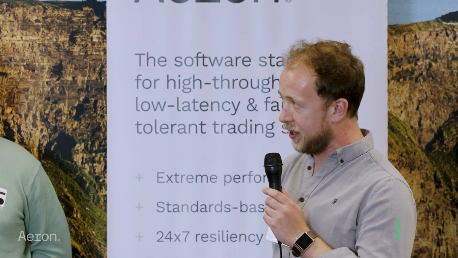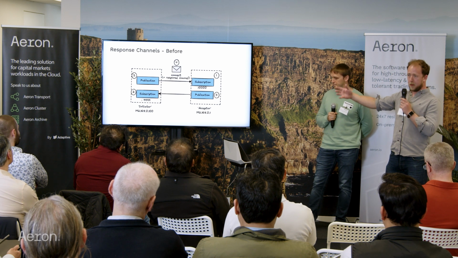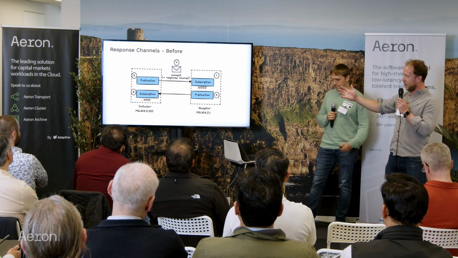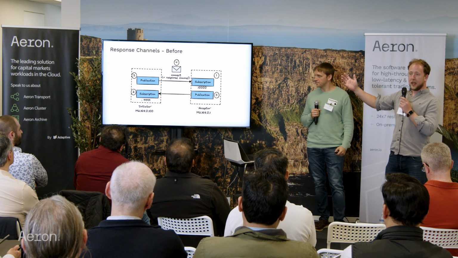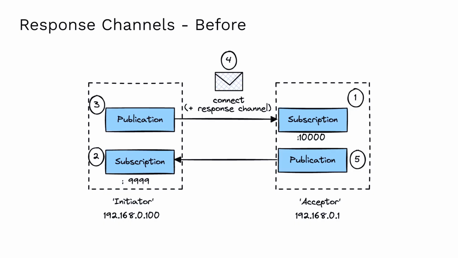So the pattern looks a bit like this. You have the acceptor, or the server side, that will create a well-known subscription listening on port 10,000. The client knows that up front; you configure it. The client also knows its own host name and a listening port on its side. It will create that subscription first.